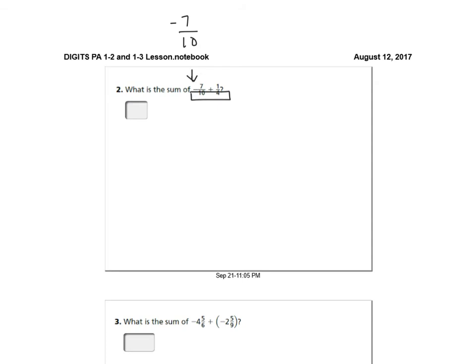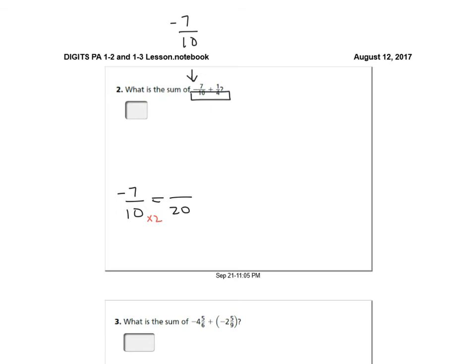So I have to first change it. So I have -7/10, and I need my denominator to equal 20. So 10 times 2 is 20. So to make my denominator 20, I did multiply it by 2.